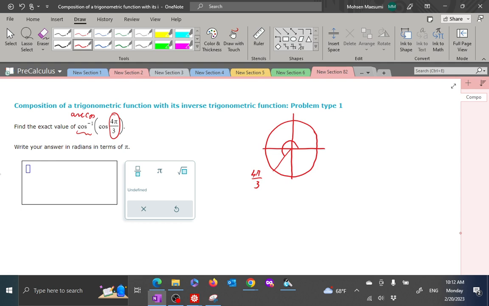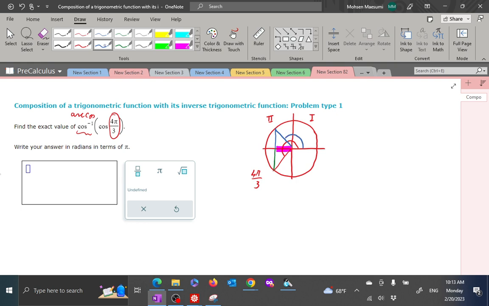We want to find an angle in quadrant 1 or 2 whose cosine is the same as cosine of 4 pi third. So what is the cosine of 4 pi third? Cosine of any angle, we drop the perpendicular and then the distance from the origin, that's what the cosine is going to be. Well, how can we find an angle in either of these two quadrants? Just continue this line, connect to the origin.